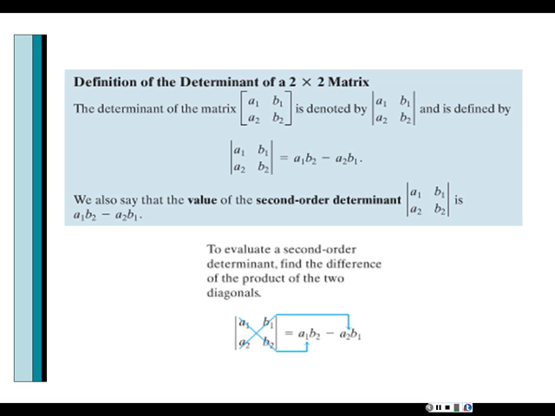We first multiply A1 times B2, minus A2 times B1. Cross multiplication, but in the middle, a negative sign. That's the determinant of a 2 by 2 matrix. We have a determinant for 3 by 3 matrices as well, but the format is different.